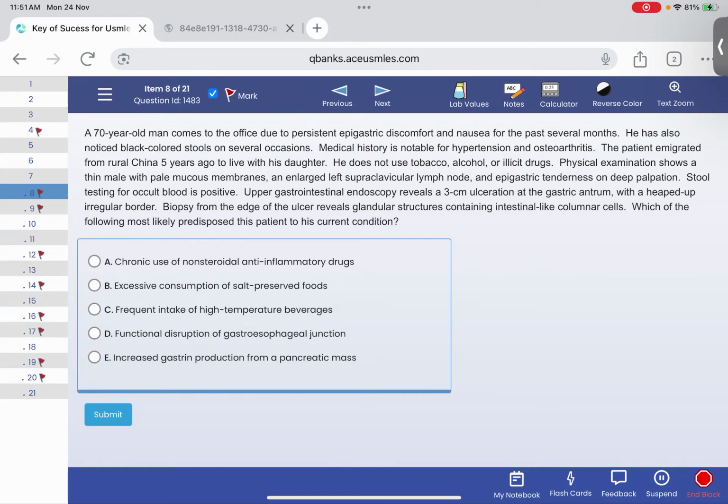So, correct option is B. Yeah, then excessive consumption of salt preserved foods, right? So I told you some of the risk factors for the gastric adenocarcinoma. So what were these?